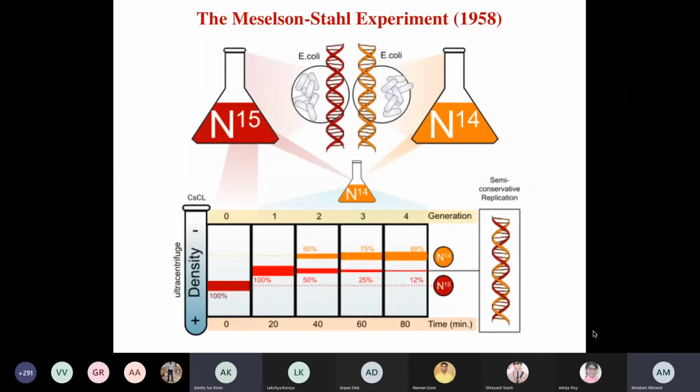This difference in mass will be reflected in the overall centrifugal force imparted on these molecules.